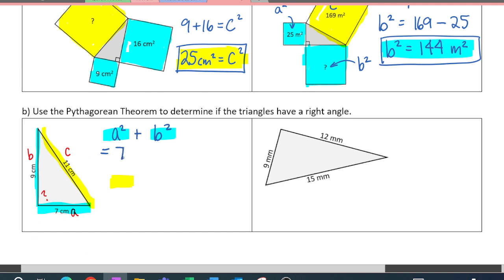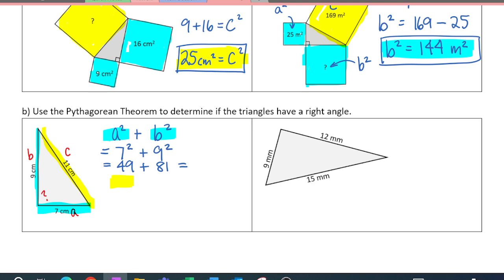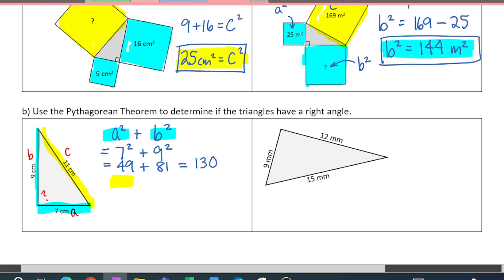So I have to do 7 squared here, plus 9 squared. So I actually have to square those numbers. So it'd be 49 plus 81, which is 130. So that's what a squared plus b squared equals.